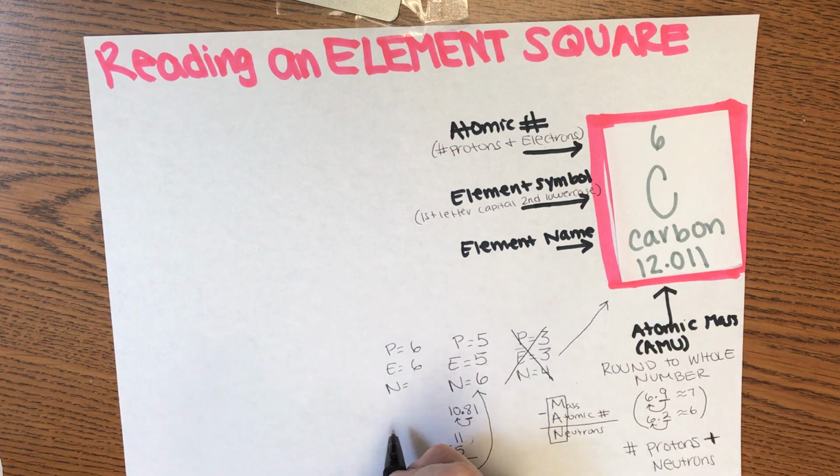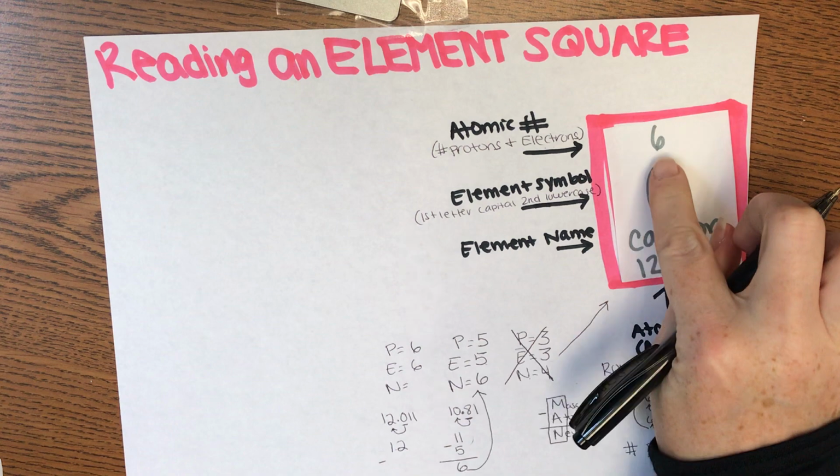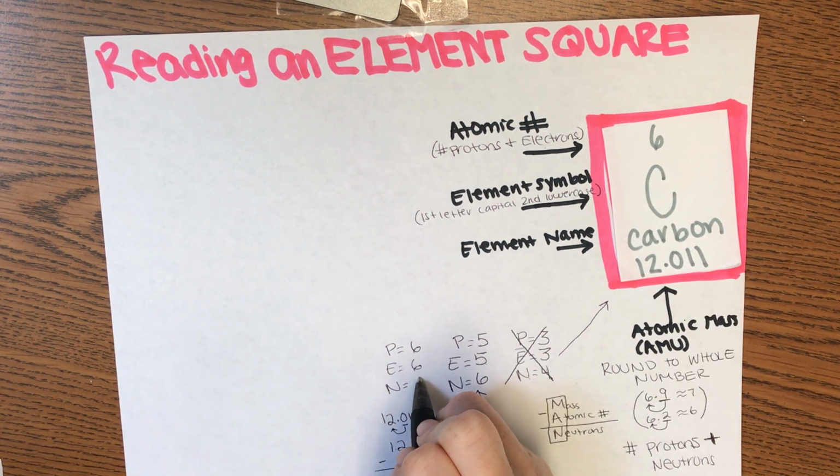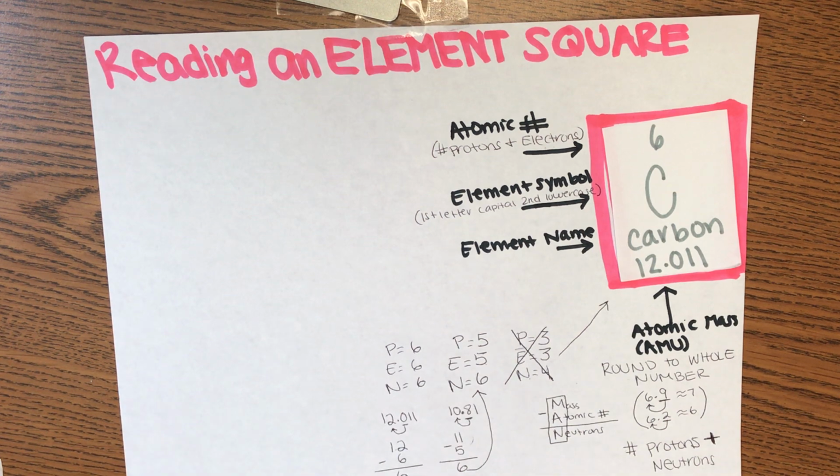The mass of carbon is 12.011. We look at the number right after the decimal. It is less than 5, so our mass stays 12. To find neutrons, we do mass minus the atomic number. That means carbon has 6 neutrons.